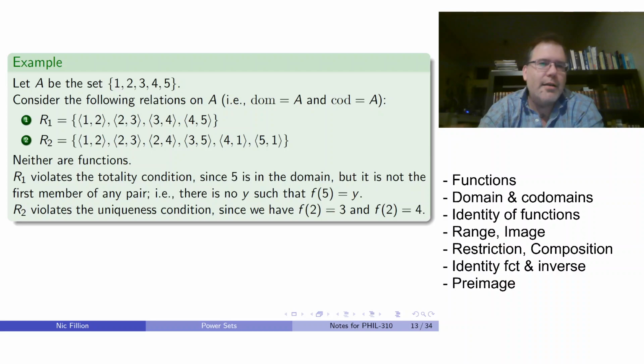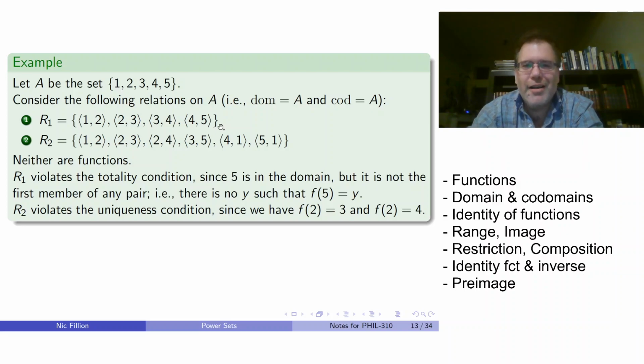Well, there's already a way of suspecting that it's not a function, because look, we have 5 elements in the domain, and we know that each element in the domain should be sent onto some element of the codomain. So that means we should have 5 pairs in the relation.